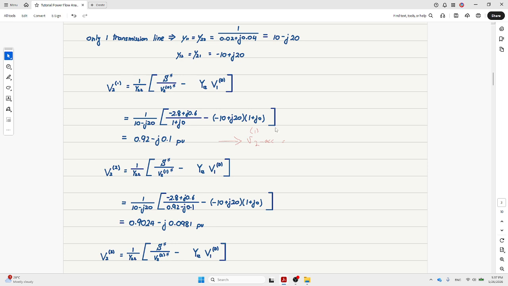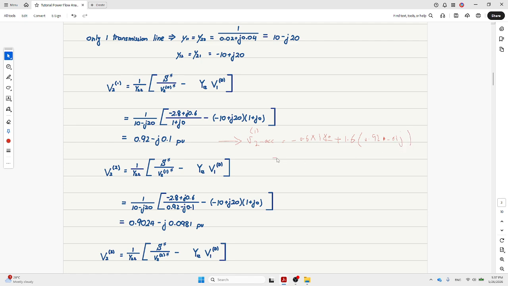Let's consider what we should do. For the last value, I said minus 0.6, which comes from 1 minus 1.6, times the previous value of the voltage, which was 1 with the angle of 0, iteration 0, plus 1.6 times 0.92 minus 0.1j.